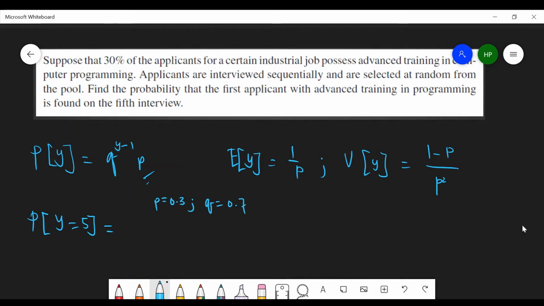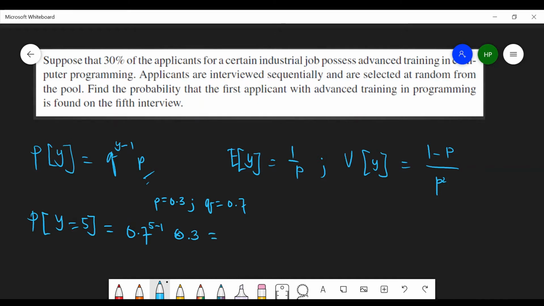At itong 1 dito, constant yan. Laging may y minus 1 sa exponent. Okay? So, this is 0.7 times what? Y equals 5. Correct. 5 minus 1, and then you multiply it to 0.3.